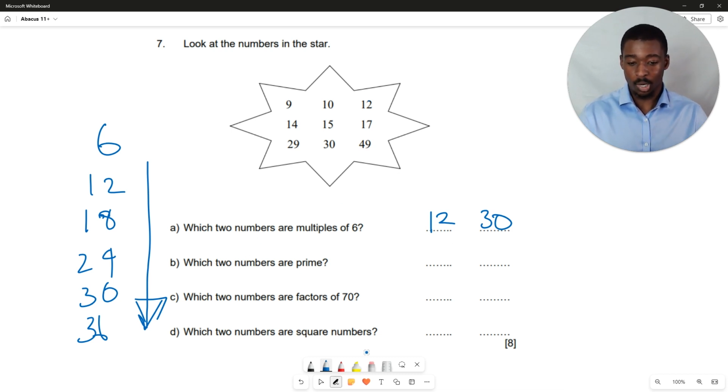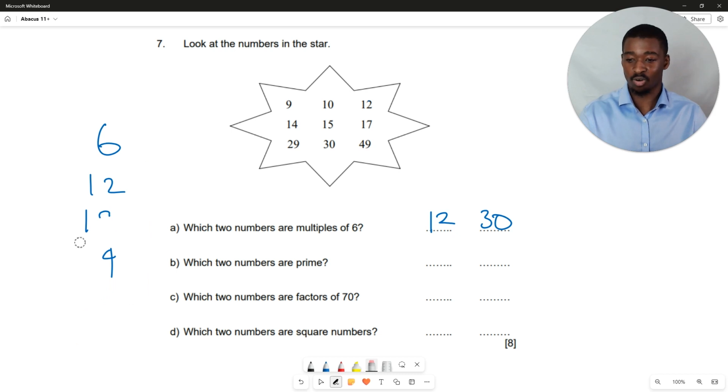Next one, which two numbers are prime? So you have to know what a prime number is. A prime number is a number that only has two factors, itself and 1, right? It can only be divided by itself and 1. So here, our first prime number should be 17.